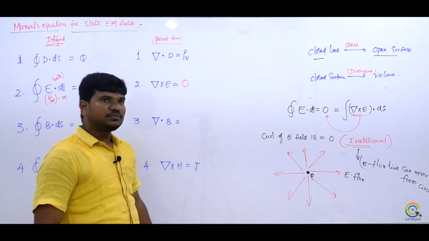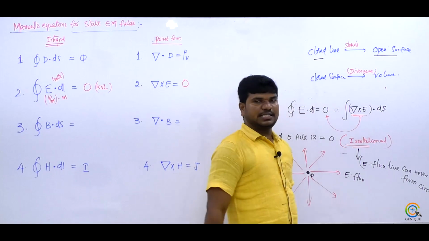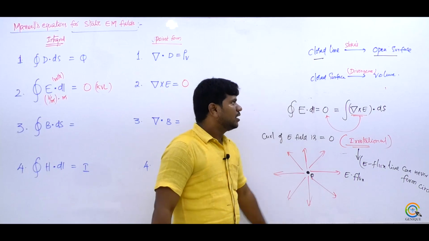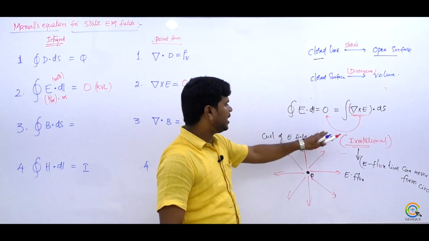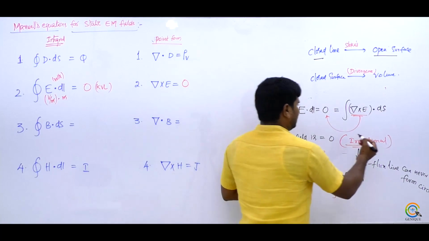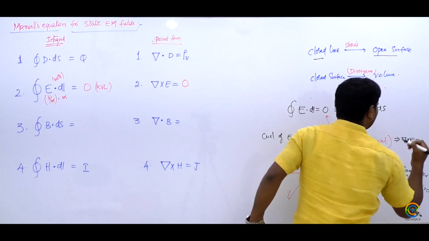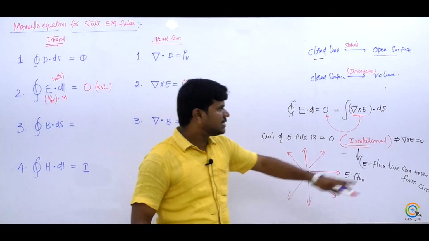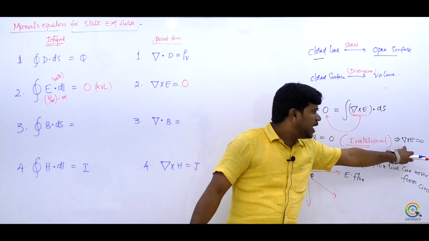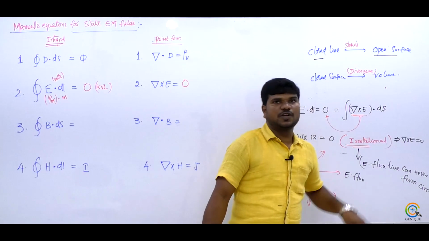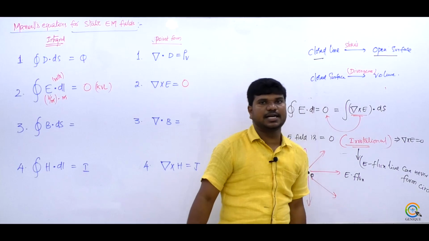Now, what is the meaning of this del cross E mathematically? Del cross E is 0. What is del here? Del is the variation of any quantity in the direction of space.